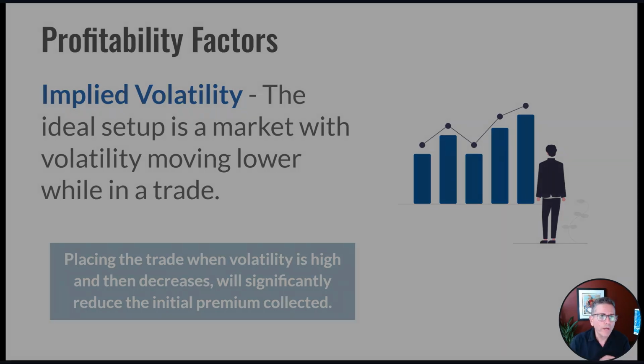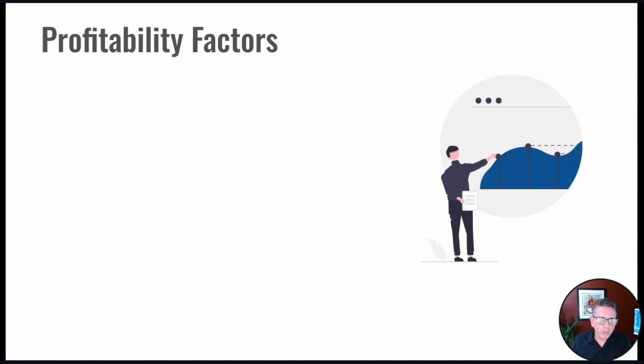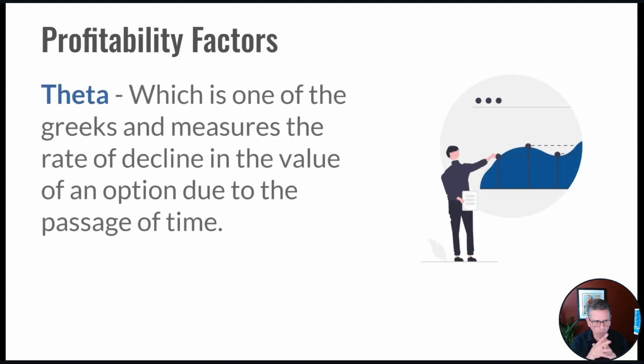All right. So profitability factor number 2 is theta, which is basically what we talked about. During the time of that session, the rate of decline in the value of that option is moving down, just automatically. Now, if you get a spike up or down, it's going to increase again.